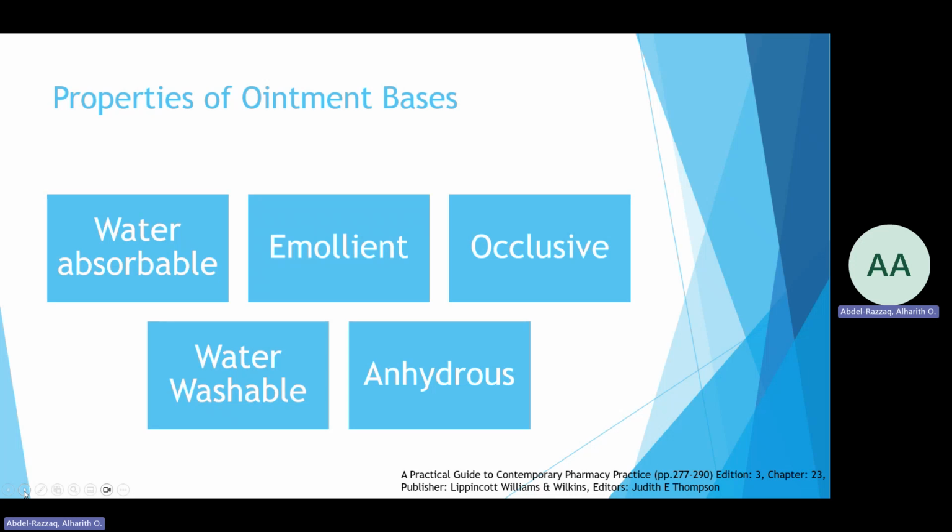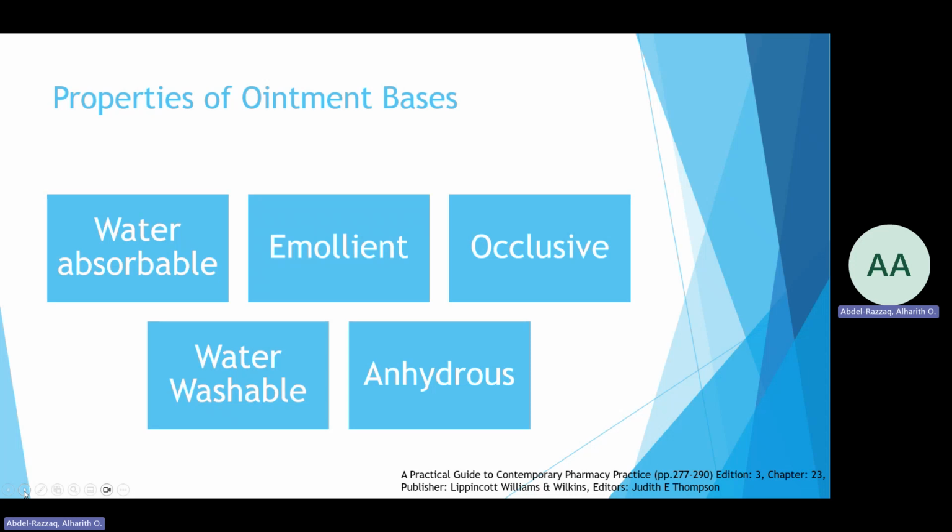Emollient property: an emollient is a substance that has the ability to promote moisture when it's applied to tissues. So an ointment product may or may not actually exhibit the emollient properties. We have occlusive property, which is basically a physical barrier on top of the skin to keep what's under moist and hydrated. Water washable basically means that the base can be washed from skin or clothing with water.